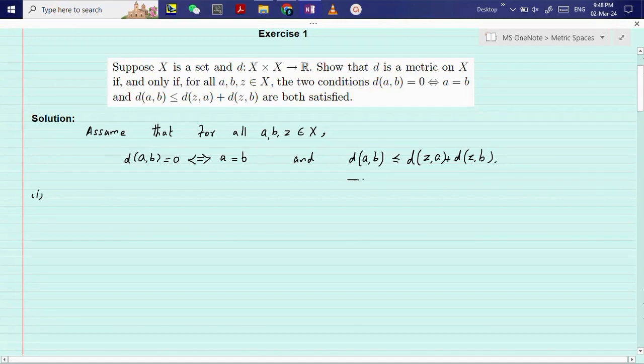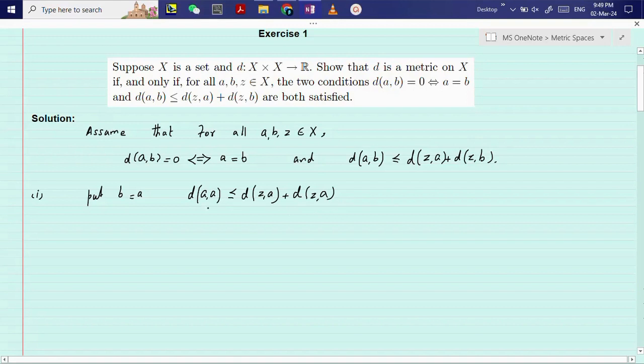Because this inequality is satisfied for all a, b, z belonging to X, we put B equal to A, and we get D of AA less than or equal to D of ZA plus D of ZA again.